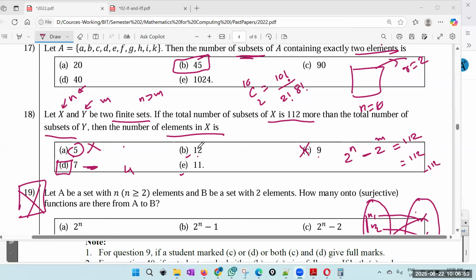Then I asked you to do the same for 12 and 11 also, because 2 to the power 11 is 1024 into 2, 2048. I asked you to check whether it is a power of 2 when you subtract 112. If it is so, that is also an answer. And then check 12. So when we have two variables but we have clues, we may check whether that is a possible answer.